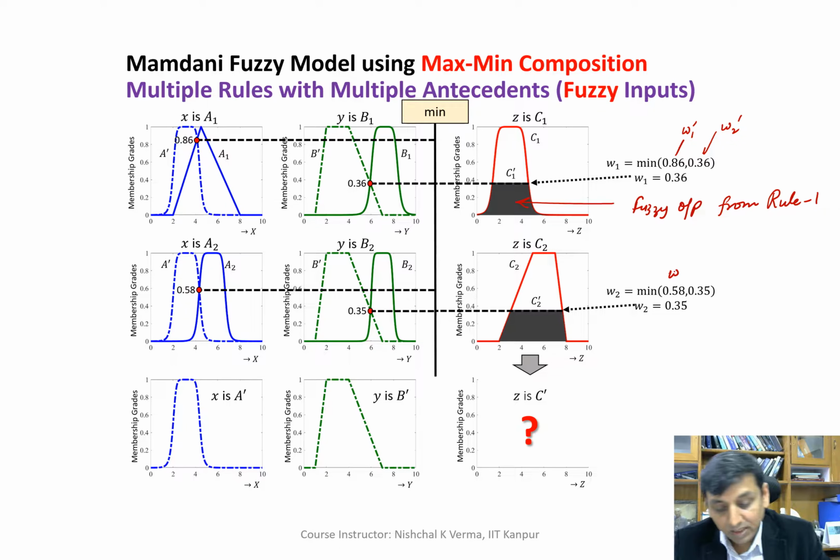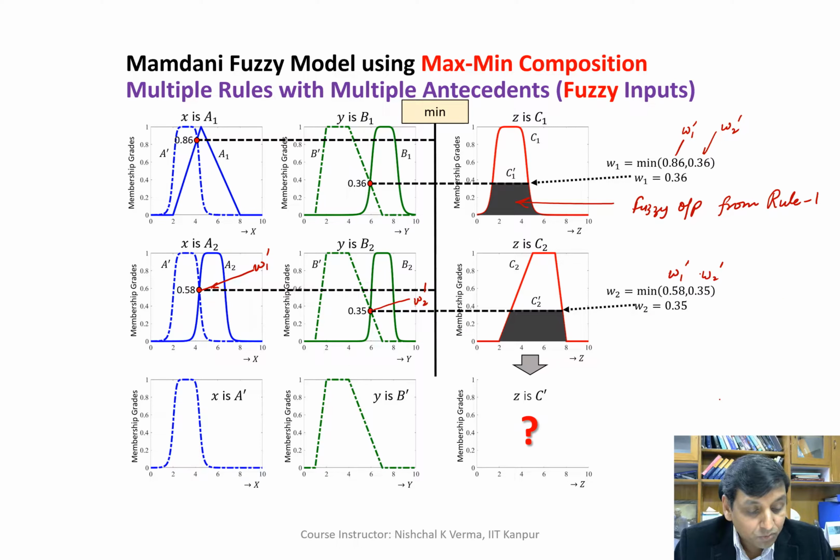Here also we are getting W1 dash, W2 dash. When we take W1, W2 dash here, because we are taking max min composition, we take min.